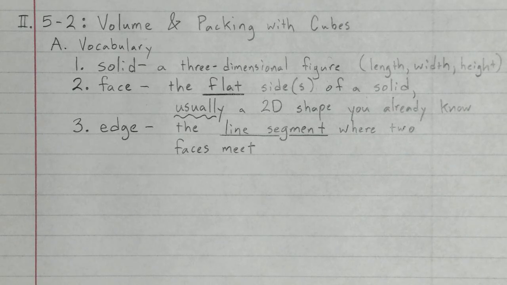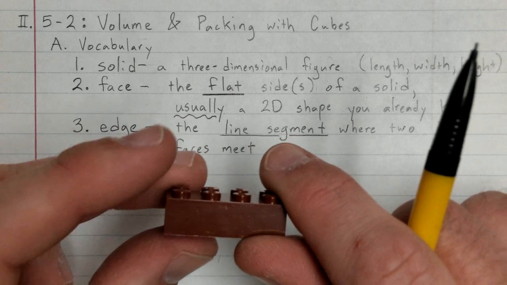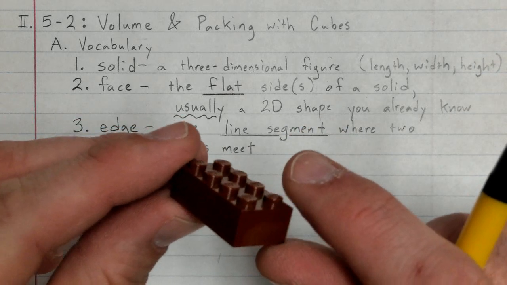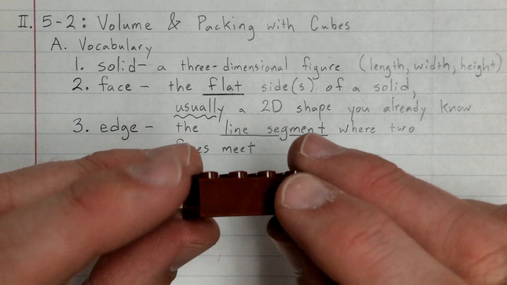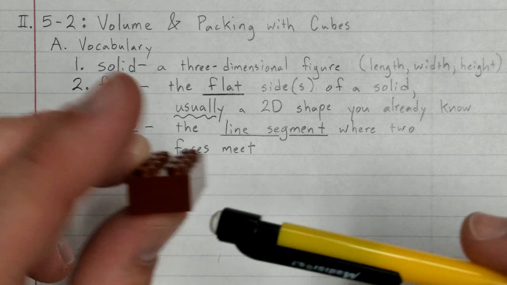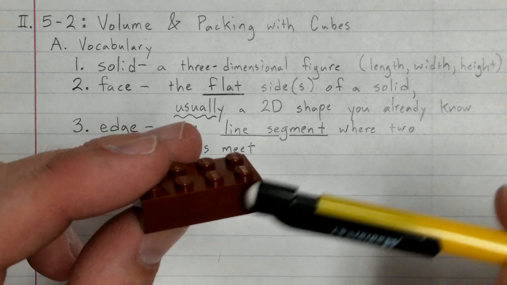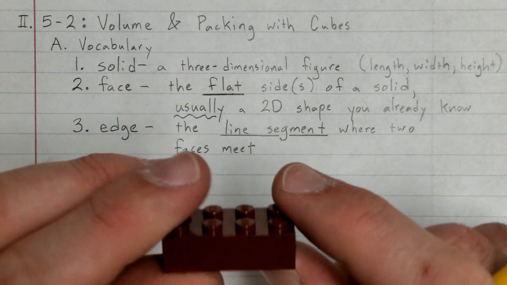Now in a cube, you can picture this. Go ahead and use my Lego brick right here. This is a three-dimensional solid. We'll just kind of ignore the studs on top right now. It has faces, right? It has these flat two-dimensional sides. Please pretend this is flat on top too.